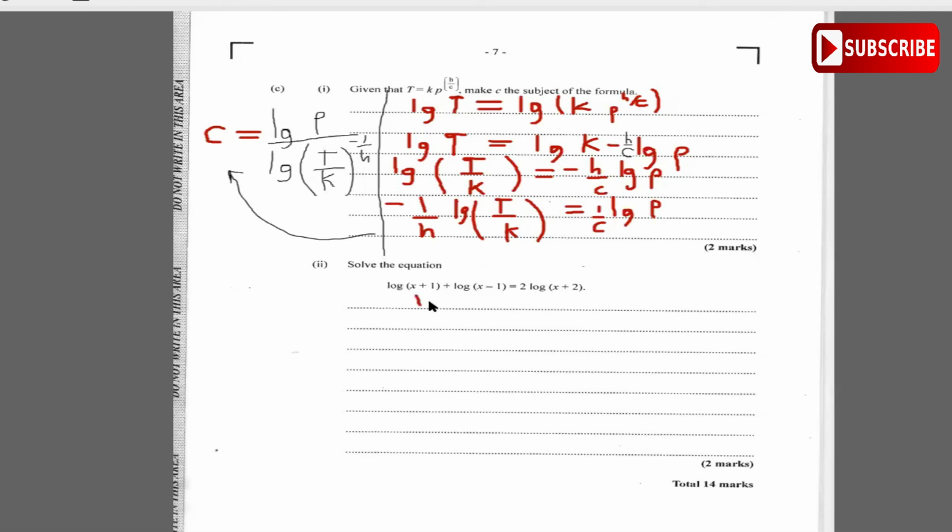So we can combine them by saying log a plus log b is the log of ab. So this works out to be the log of x plus 1 times x minus 1. And that is going to be equal to, we can bring up the power and write it as the log of x plus 2 all squared.